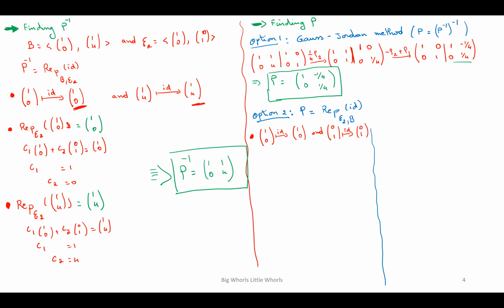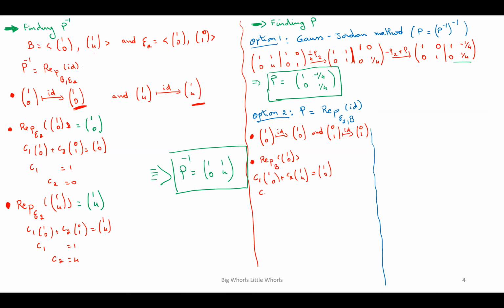So now let's represent with respect to B each of these vectors. We take a linear combination of the vectors in B: C1 times (1, 0) plus C2 times (1, 4) equals (1, 0).